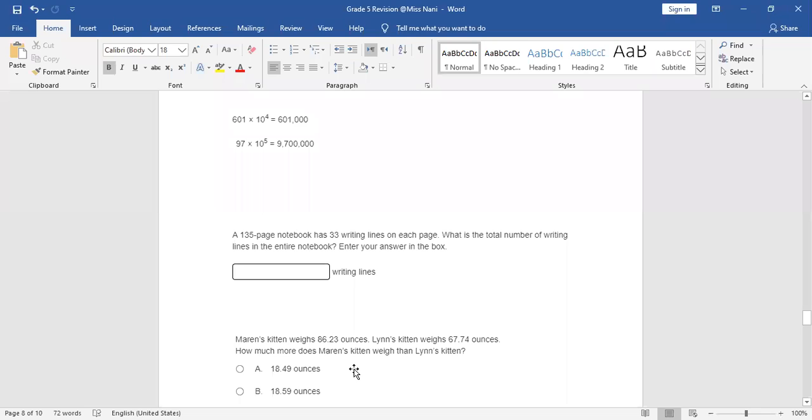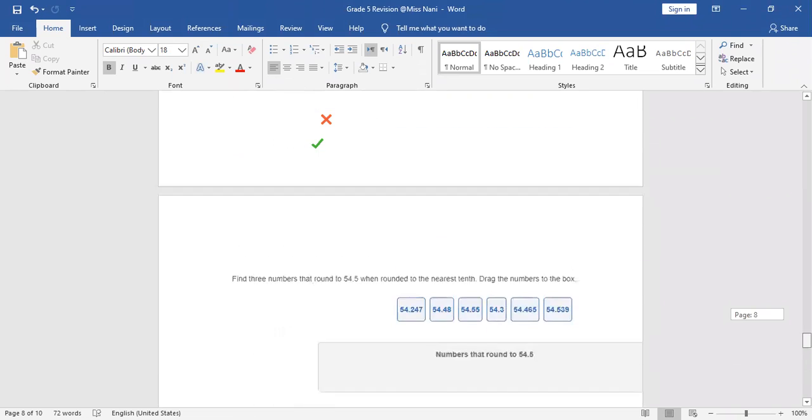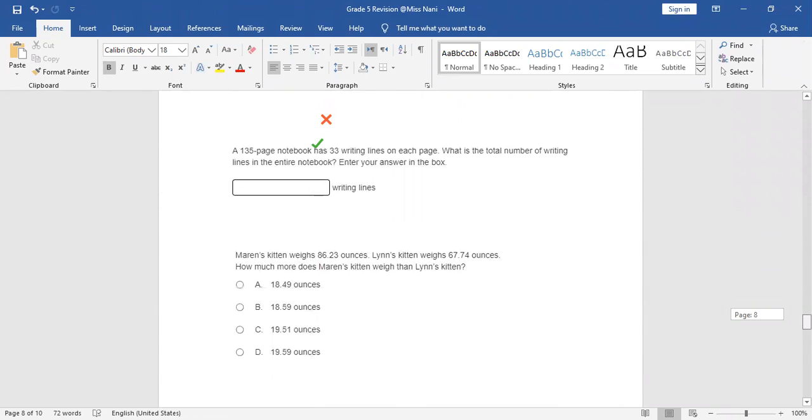I need to have 4 zeros, so this is also wrong. 97 multiplied by 10 to the power 5, that's 5 zeros. Yes, so that's right. Excellent, girls. I know that all of you will answer right and get the full mark with me. And now we are going to finish. Don't worry, we don't have too much, only a couple of questions.